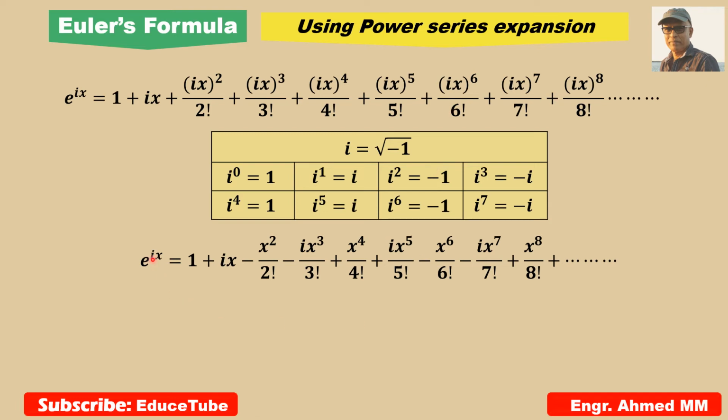So it appears like this. Look at i cubed. Here i cubed means minus i, so I put here minus i x cubed by factorial 3. Again, if I look at i to the power 7, it is minus i. So it will be minus i x to the power 7 divided by factorial 7.